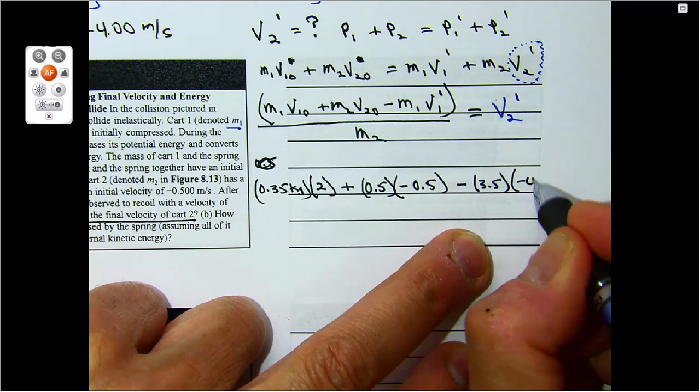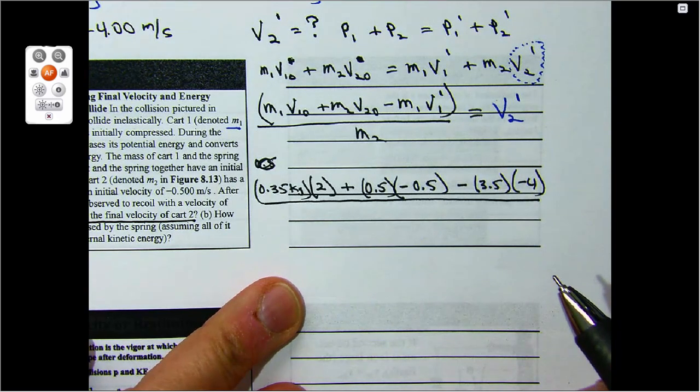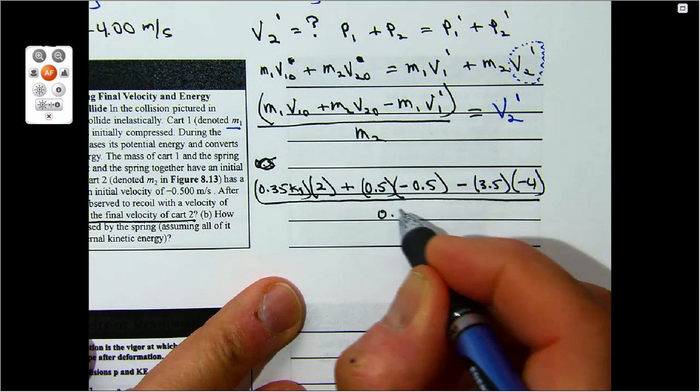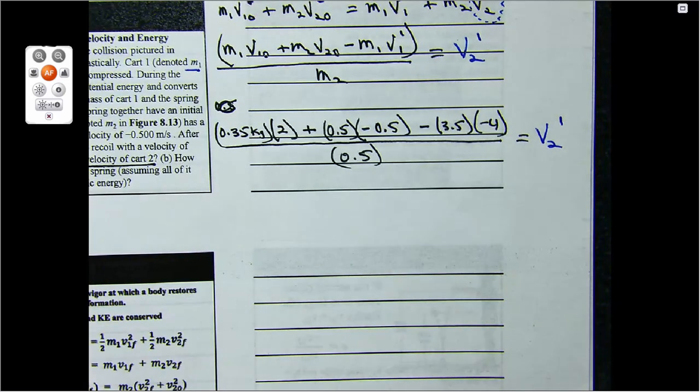V1 prime negative 4. I don't know. It looks like it's supposed to be 0.35.